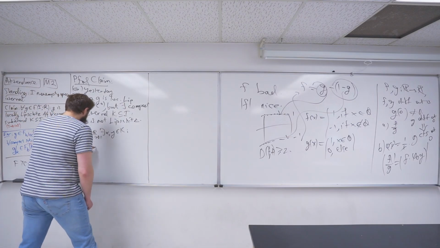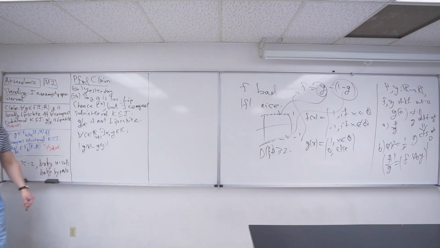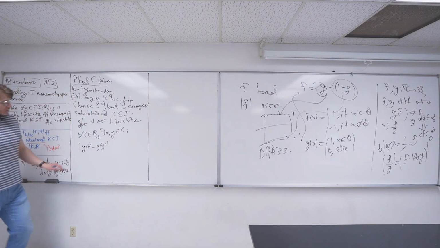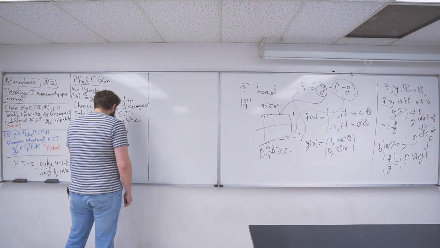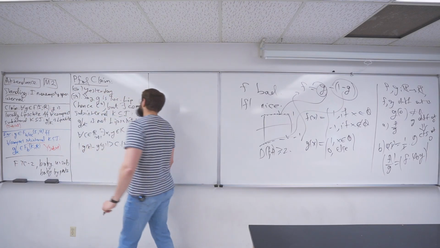So |g(x) - g(y)|, that's the distance between the images, is at least C times |x - y|.